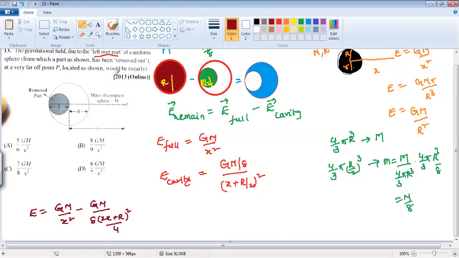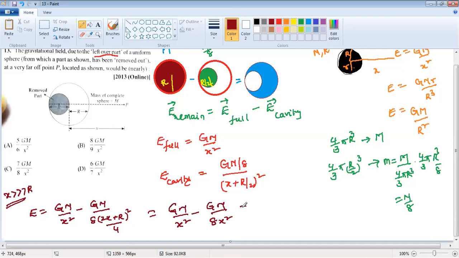He is asking the question, would be nearly. So let's take that x is very much greater than r. Now this r is neglected here. So then what will happen? This relation becomes GM by x square minus GM by 8x square.